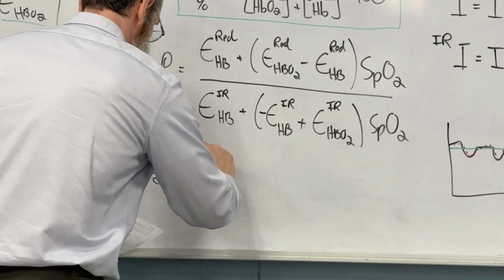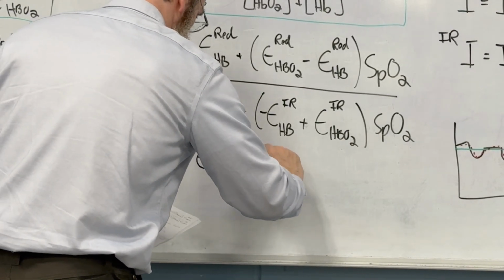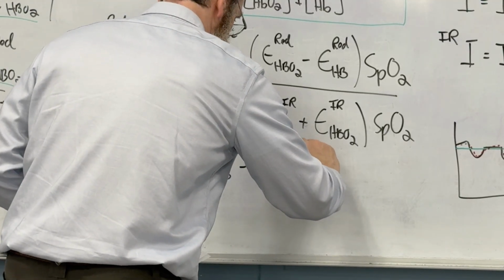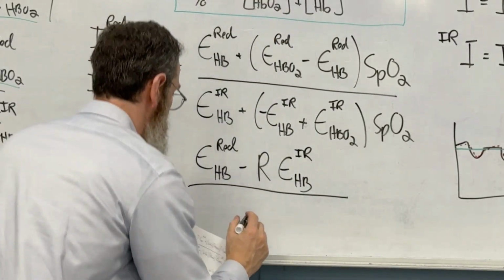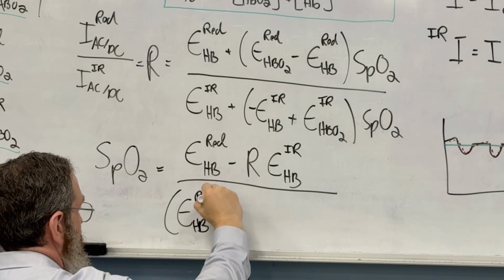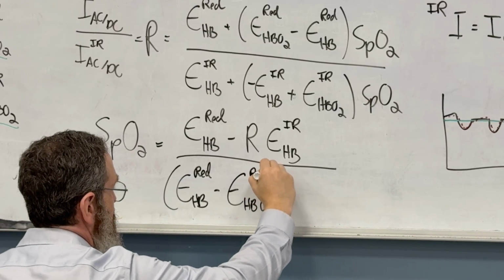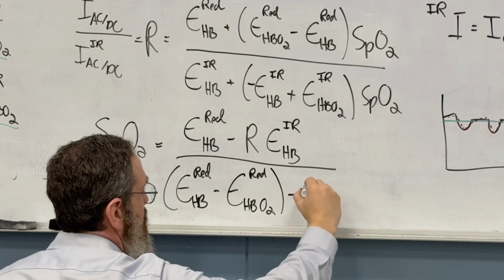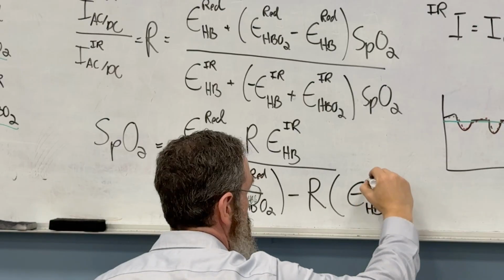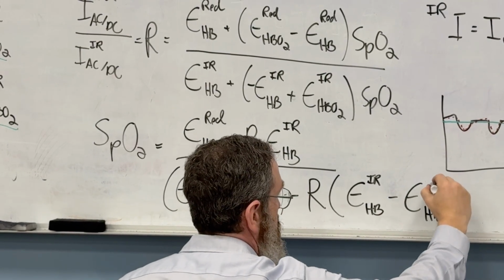and I'm not going to derive this, I'm going to give it to you, it's going to be the extinction coefficient of deoxyhemoglobin at red minus R times the extinction coefficient of deoxyhemoglobin at infrared, over the extinction coefficient of deoxyhemoglobin at red minus the extinction coefficient for oxyhemoglobin at red, minus R times the extinction coefficient of deoxyhemoglobin for infrared minus the extinction coefficient of oxyhemoglobin at infrared.